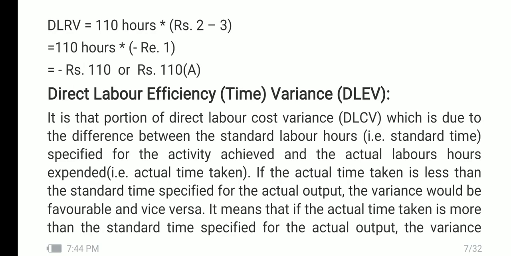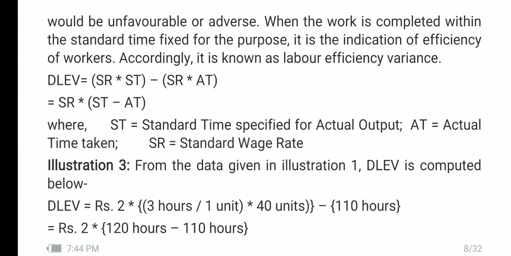If the actual time taken is less than the standard time specified for the actual output, the variance would be favorable and vice versa. It means that if the actual time taken is more than the standard time specified for the actual output, the variance would be unfavorable or adverse. When the work is completed within the standard time fixed for the purpose, it is the indication of efficiency of workers. Accordingly, it is known as labor efficiency variance.